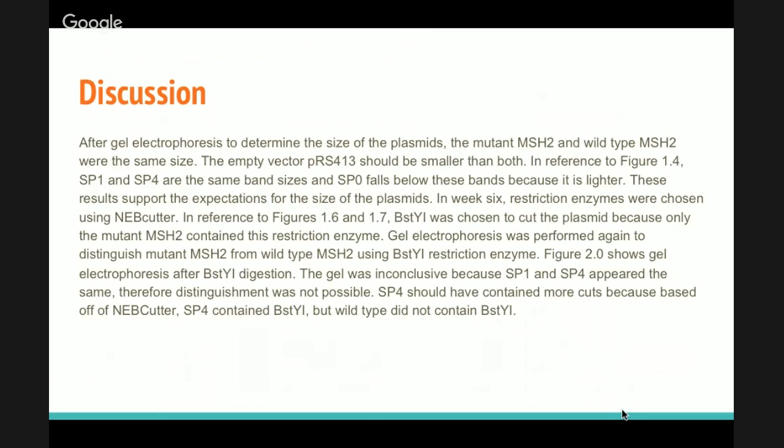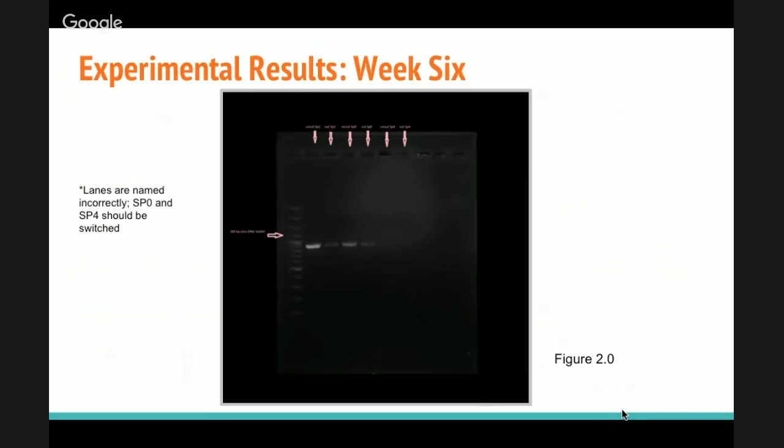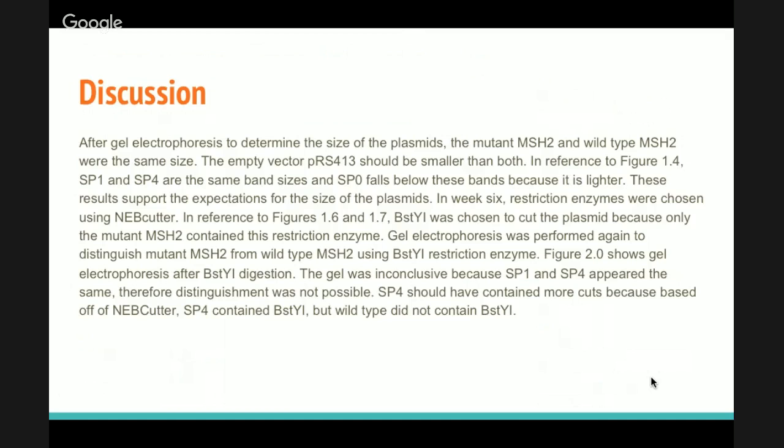Therefore, distinguishment was not possible. As you can see, they're all about the same. So determining which one is which is inconclusive. However, if we were to repeat this experiment, there would be better micropipetting skills while doing gel electrophoresis in terms of loading the dye and letting the dye stay the full time.